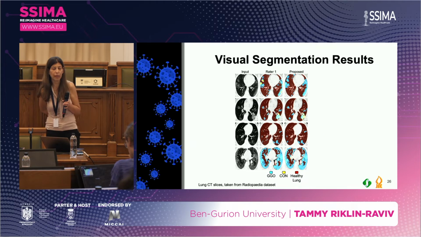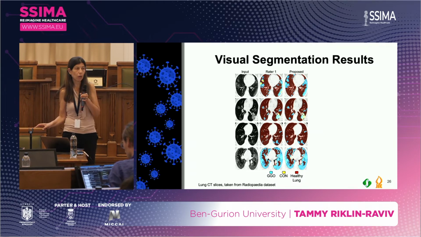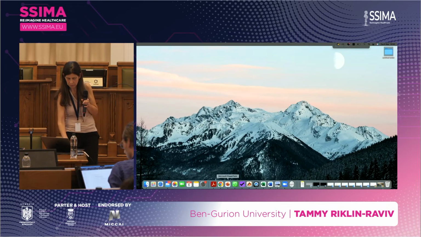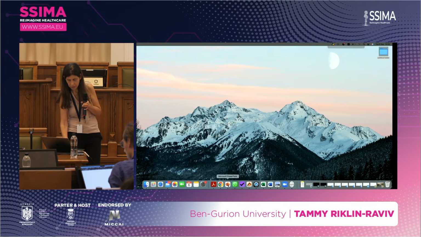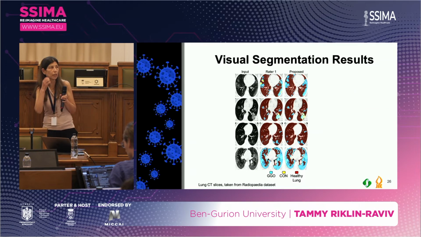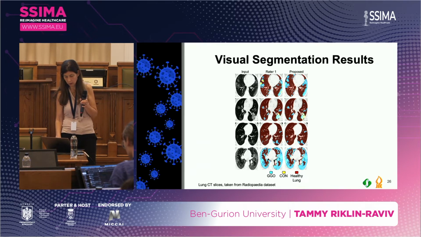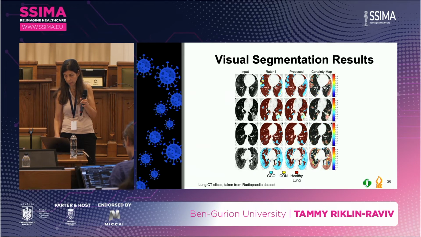But before we do that, let's have a look at some visual segmentation results. Each row is a different case. The first column is the input, the second column is the segmentation by rater 1, and the third column is the proposed segmentation. You can see that there is similarity. Again, light blue is GGO, yellow is consolidation, and healthy lung is in red.